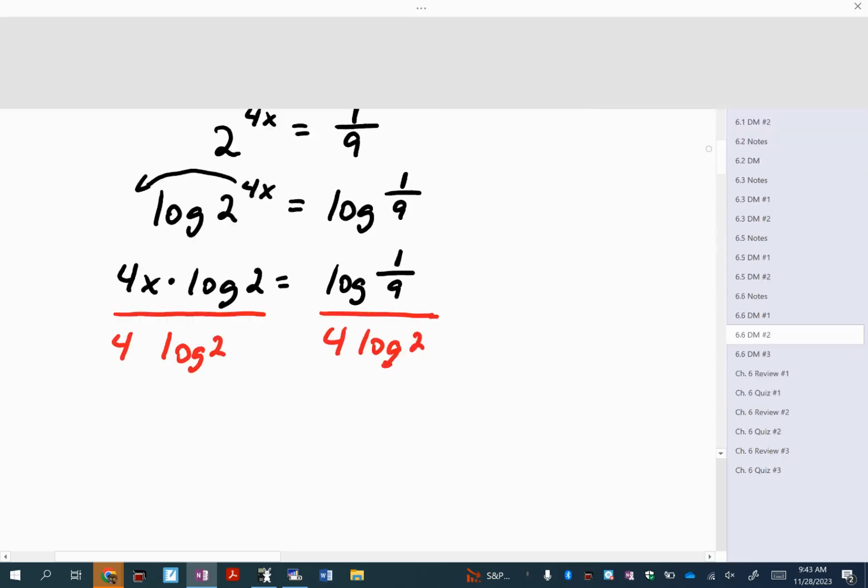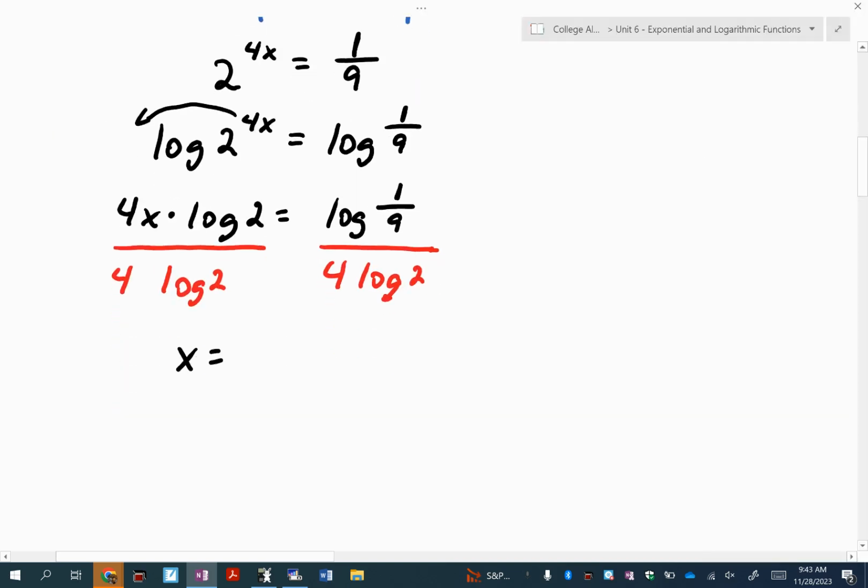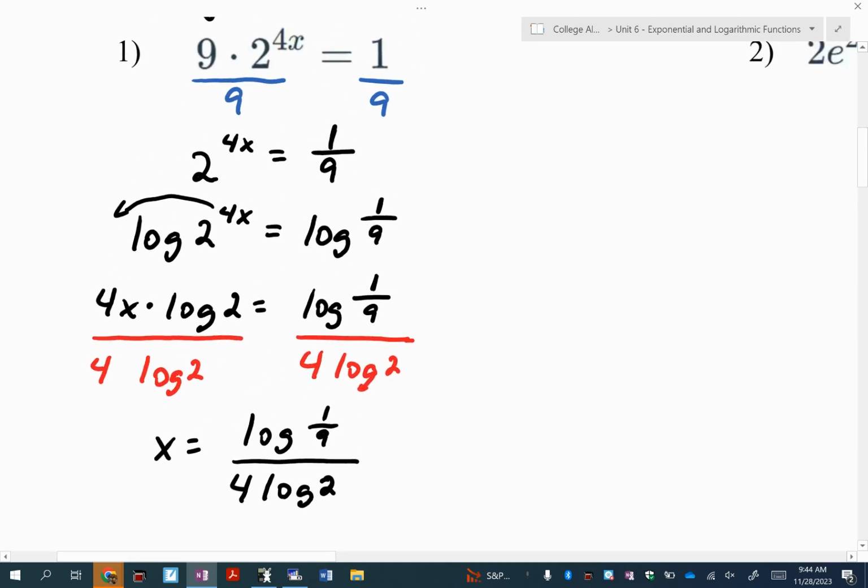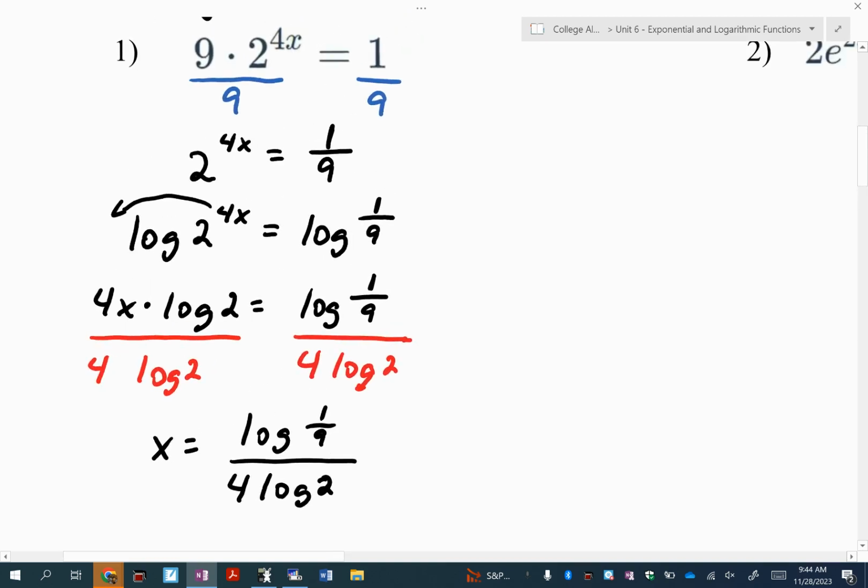I'm going to try to help you guys in your calculator to get this answer. Okay, does everyone have this written down? If you have your calculator, hopefully you have it. Turn it on now.